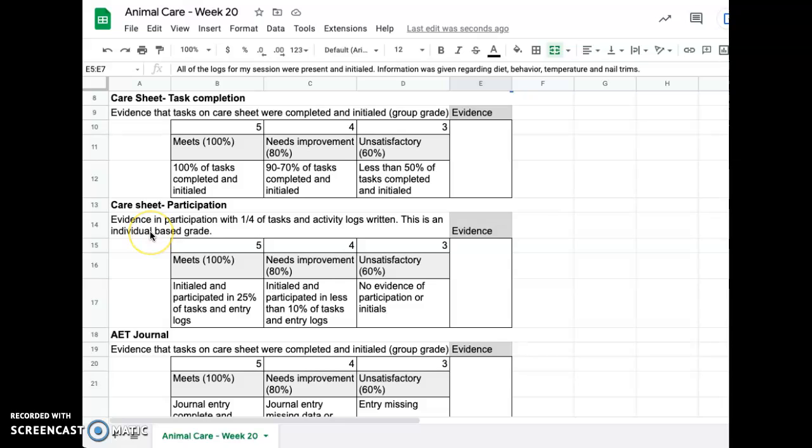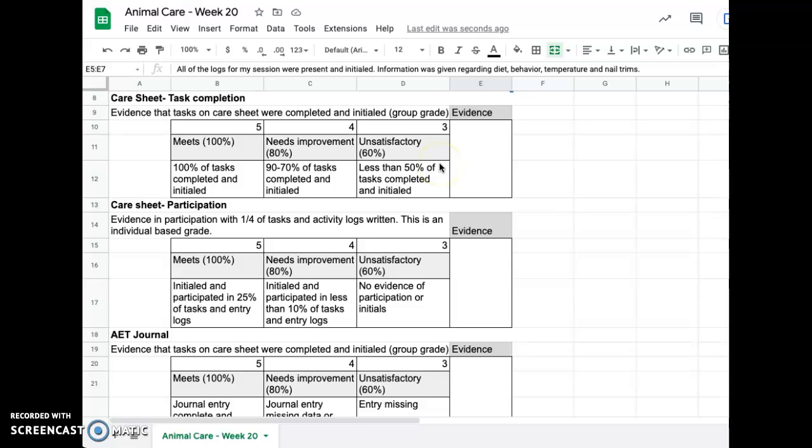Care sheet task completion: evidence that tasks on the care sheet were completed and initialed. This piece is a group grade because we need to be counting and communicating with each other and making sure everything is getting completed. When Miss Leslie comes in and grades and sees all those highlighted, everything that's highlighted gets deducted because you're not completing all those tasks.